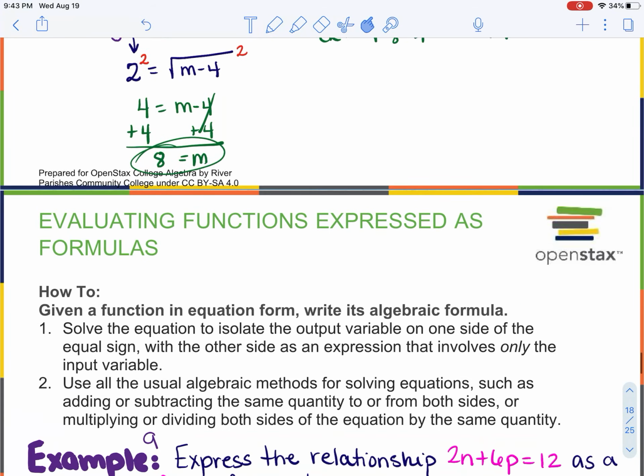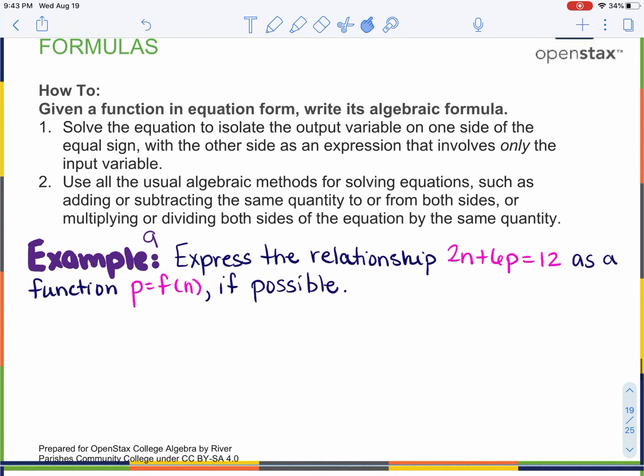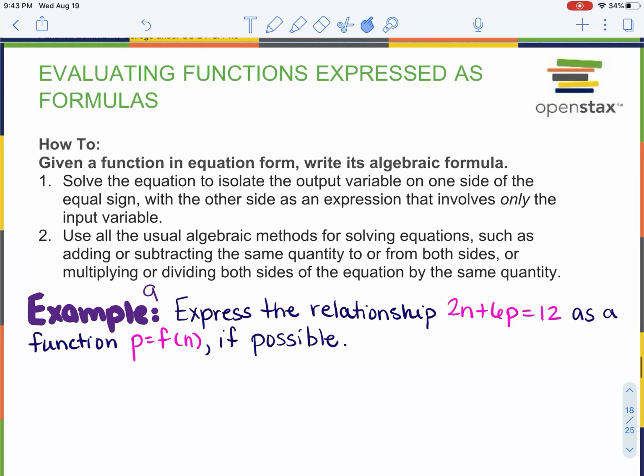Okay, moving on. So this is just giving you the steps of what we've just done. So evaluating functions expressed as formulas. Given a function in equation form, write its algebraic formula.